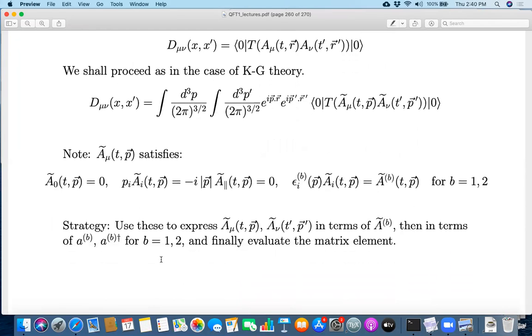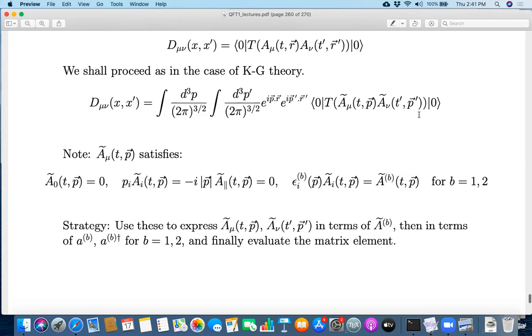So the strategy that we will be following is that we will first use these relations to express A tilde mu and A tilde nu, which are appearing here, in terms of A tilde b, because the only non-zero components are A tilde b here. Then these in turn we will express in terms of a_b and a_b dagger. And then finally we'll evaluate the matrix element.